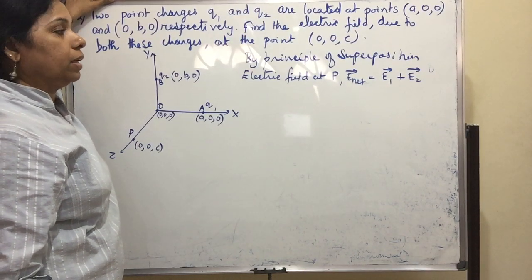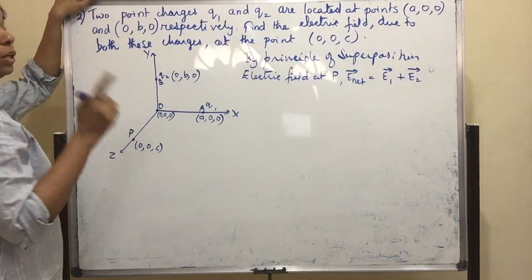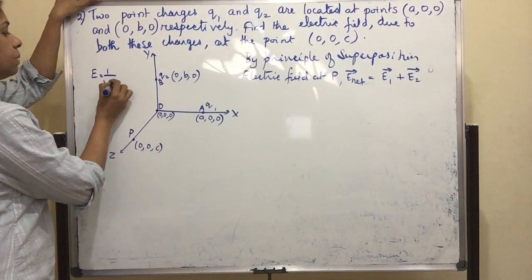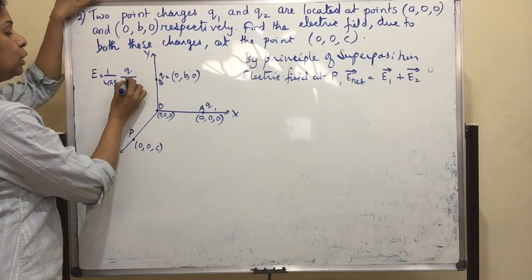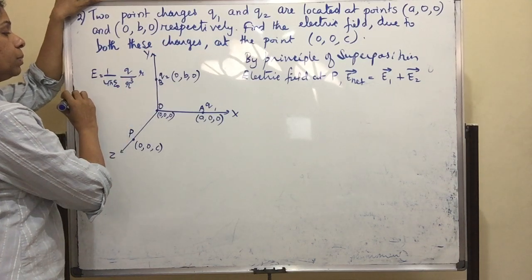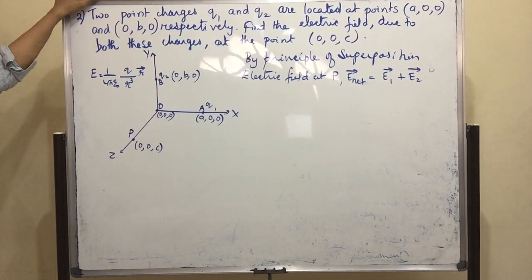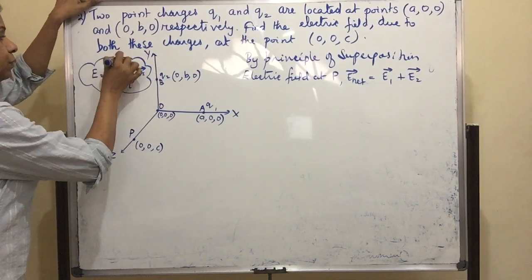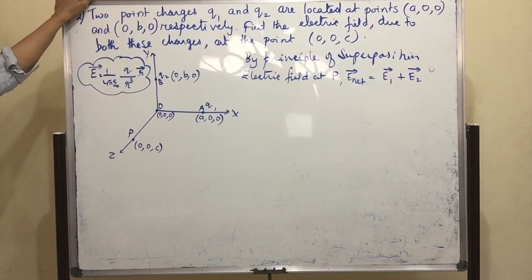Now what are E1 and E2? We will take the general formula for the electric field at a point due to a point charge: E is equal to 1 by 4 pi epsilon naught, Q by R cube, into R vector. That is the general expression for finding the electric field at a point due to a point charge. So, let us get an equation for E1.